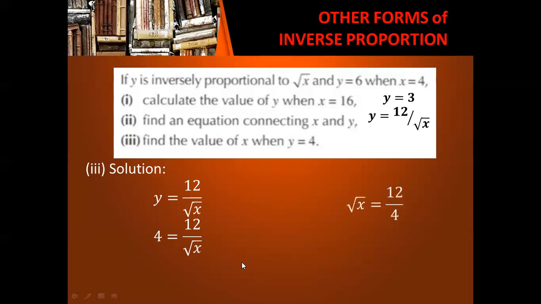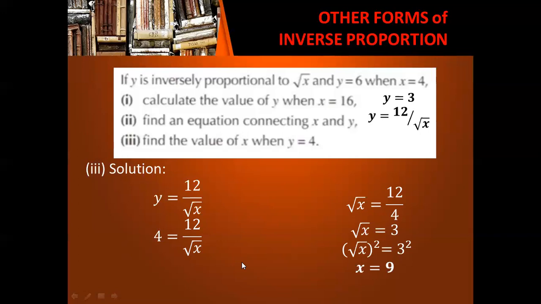Isolating square root of x, we now have 12 over 4 on the right side of the equation. This gives us square root of x is equal to 3. And squaring each side of the equation, this gives us x is equal to 9. So when the y value is 4, x is equal to 9.